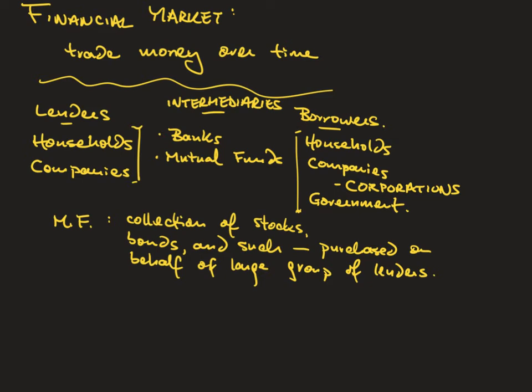When I say purchasing, I mean purchasing stock in, which essentially means loaning money to the companies in these areas. But they'll have different themes to the mutual funds. As I said, a collection of stocks; bonds are another thing.